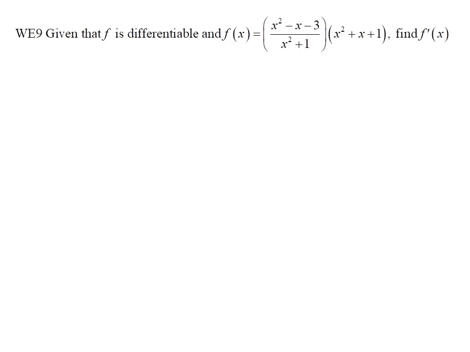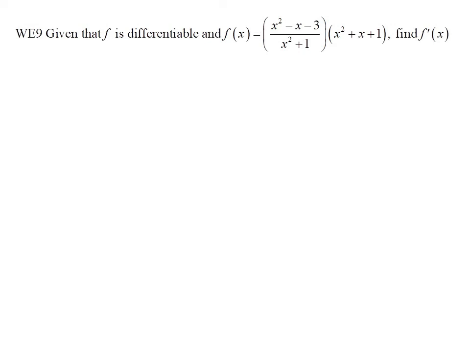Example 9 is to find the derivative function of f of x, given that f of x is differentiable and it equals the bracket x squared minus x minus 3 all over x squared plus 1, multiplied by x squared plus x plus 1.